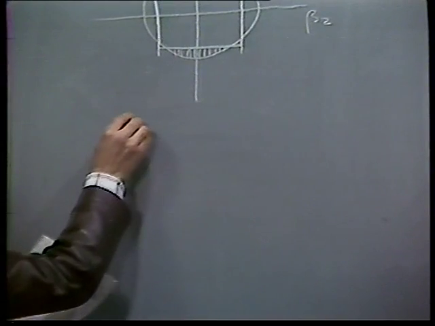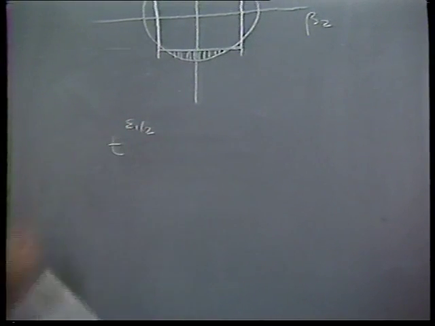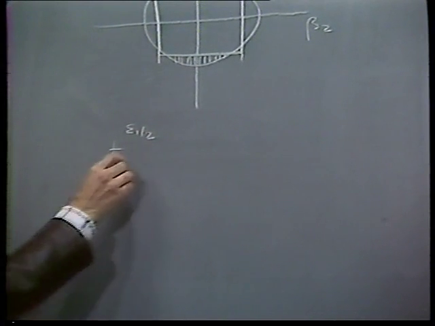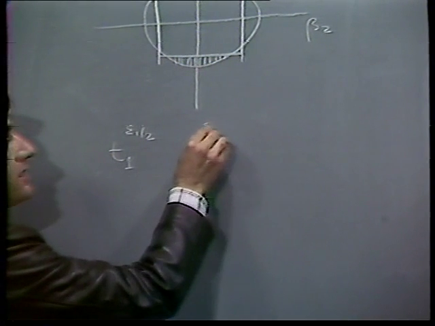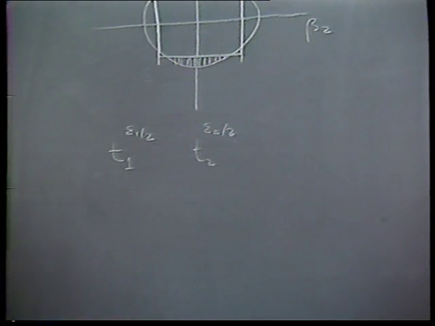the t-tests can be done, if we're doing two-sided tests, say for t1, at epsilon 1 upon 2 level, and the t-test on beta 2 is done at epsilon 2 upon 2 significance level for two-sided tests.